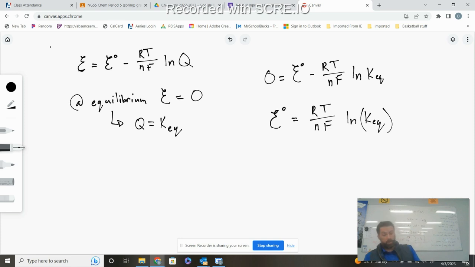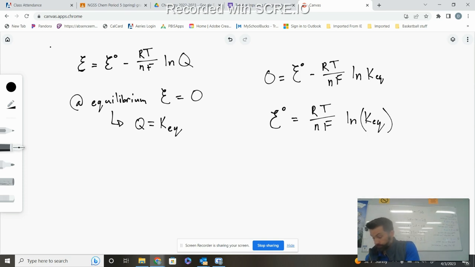So our standard cell potential is going to be equal to our natural log of KEQ multiplied by this value right here. Which is kind of nice because now we can go forward and back. We can be given our cell potential and calculate our KEQ, or we can be given our KEQ and calculate our cell potential.